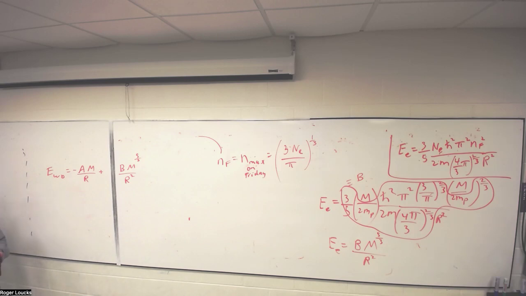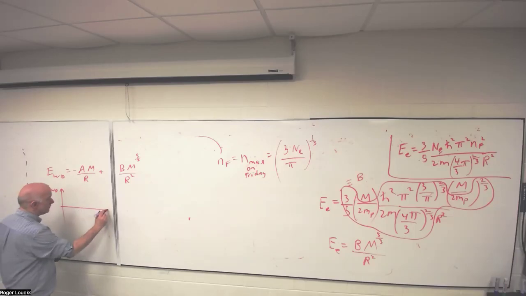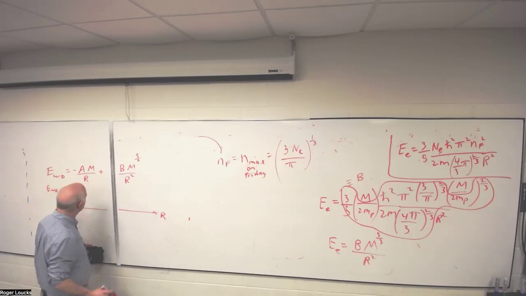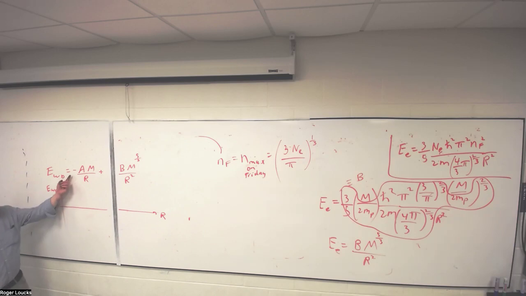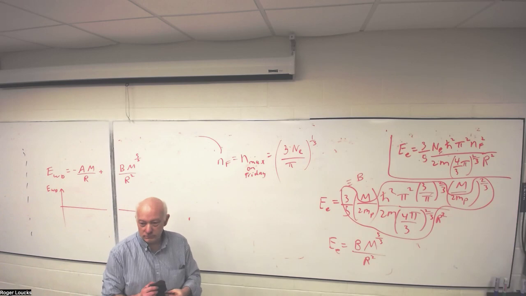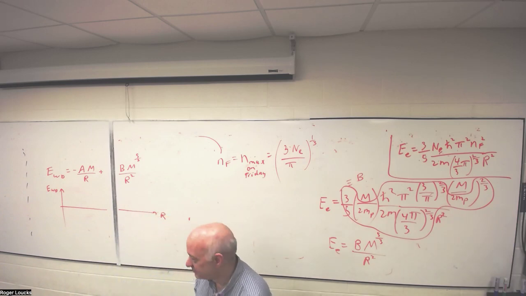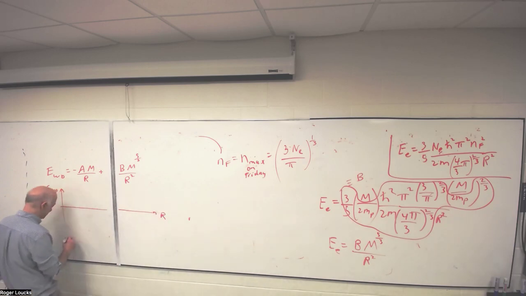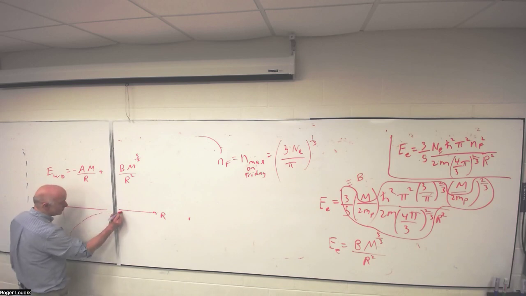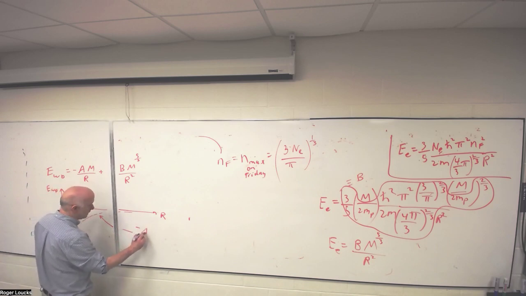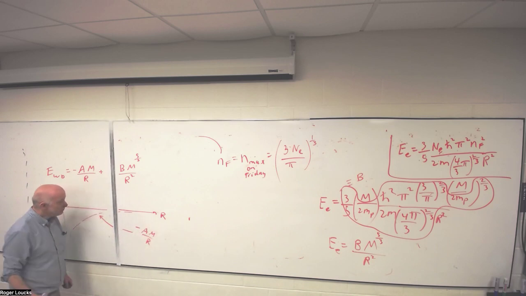I'm going to plot the energy of the white dwarf versus R. What does this minus constant over R look like? It's going to look like this. That's my minus A M over R.